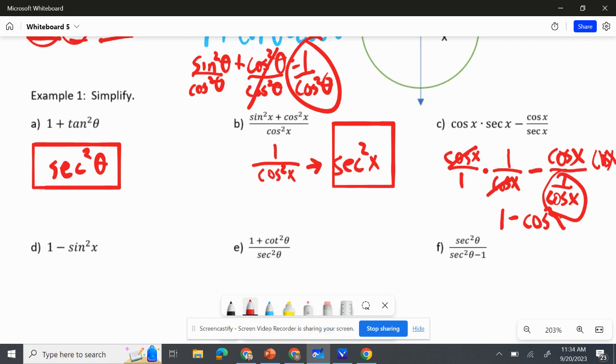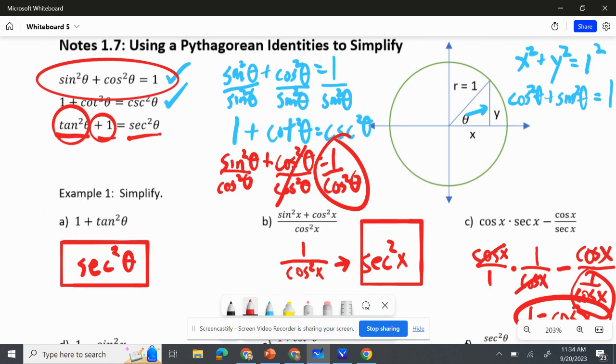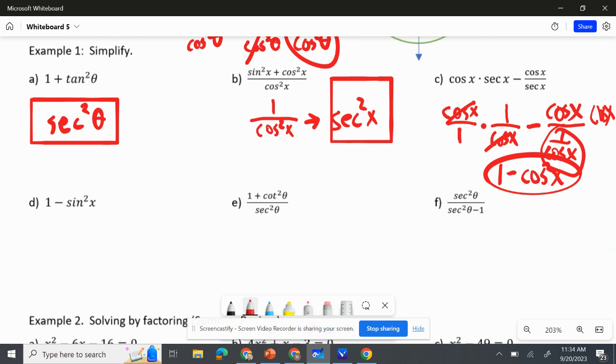And this one's a little bit of a jump. 1 minus cosine squared: if we look at our formula, sine squared plus cosine squared, if we were to move the cosine squared to the other side and subtract it, what we notice is that it's equal to sine squared. So that means that this answer is sine squared x.